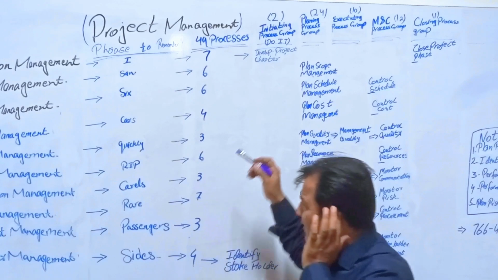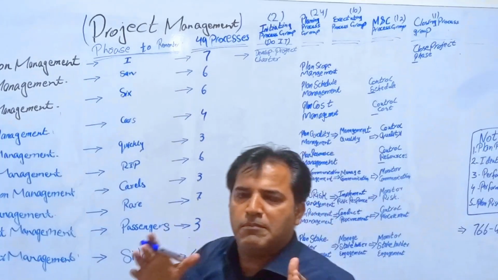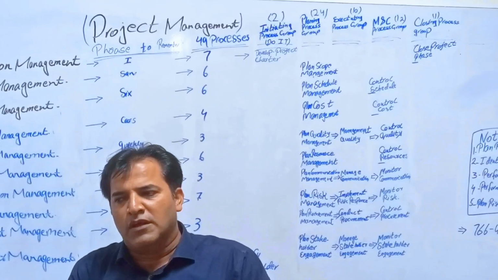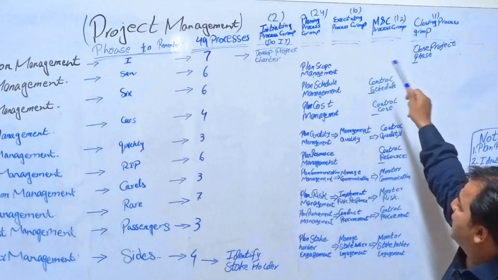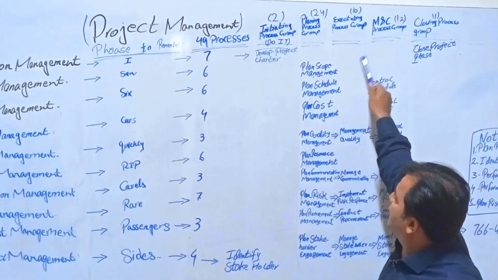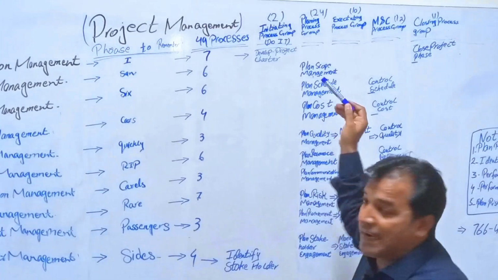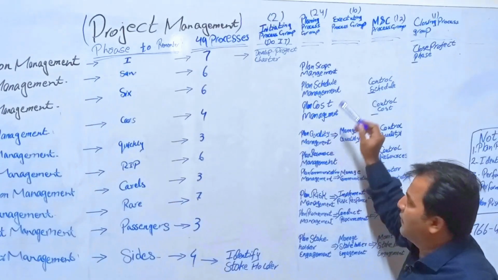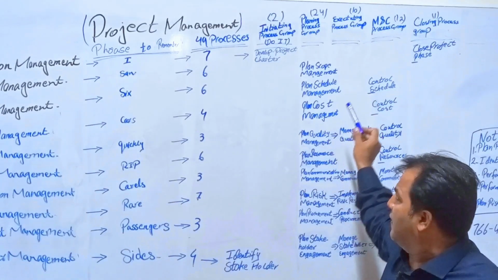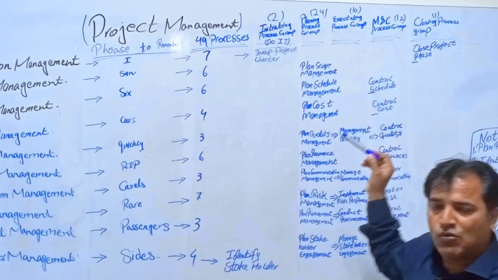Now, all the remaining processes will be adjusted in three process groups: planning, executing, and monitoring and controlling. We need to adjust 24 processes in planning, 10 in executing, and 12 in monitoring and controlling.